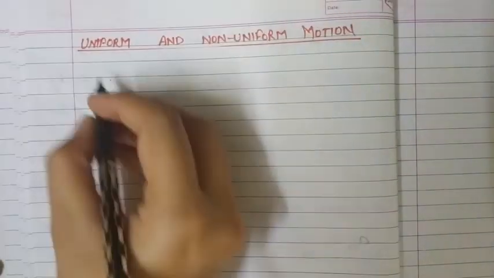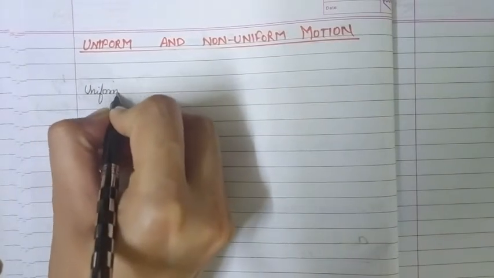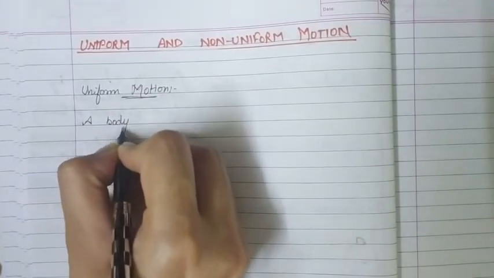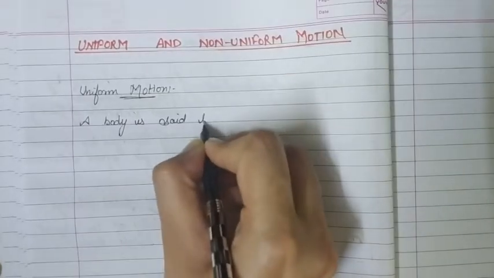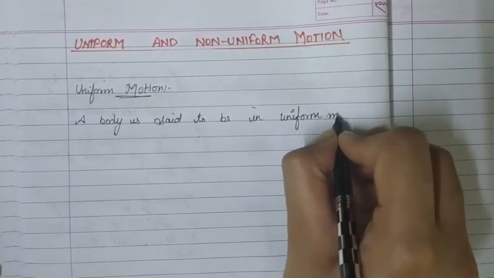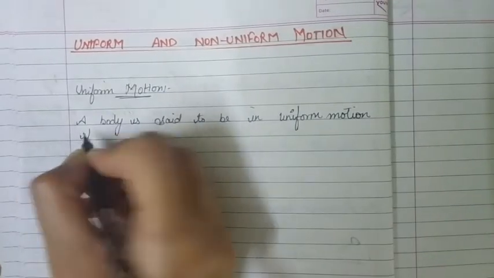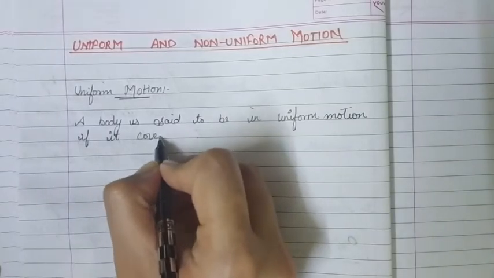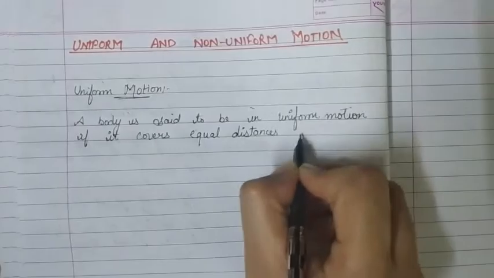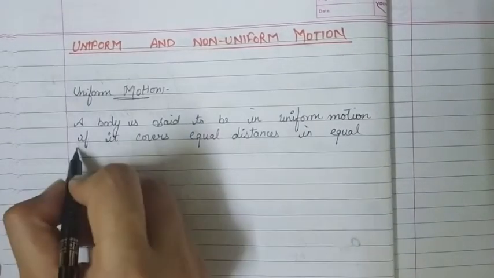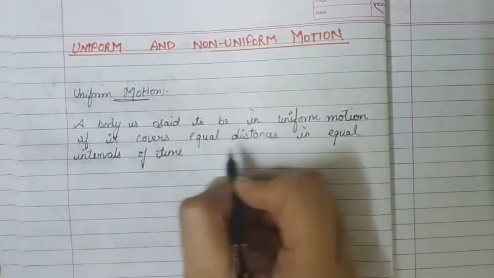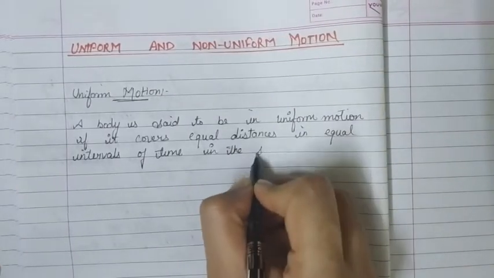So we can write uniform motion as: a body is said to be in uniform motion if it covers equal distances in equal intervals of time in the same fixed direction.